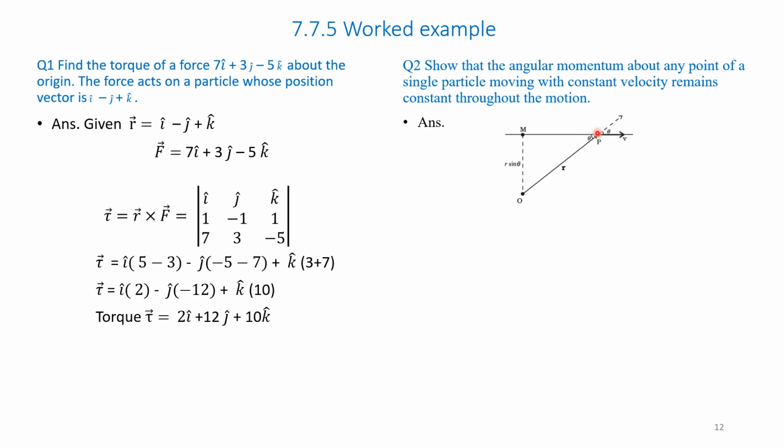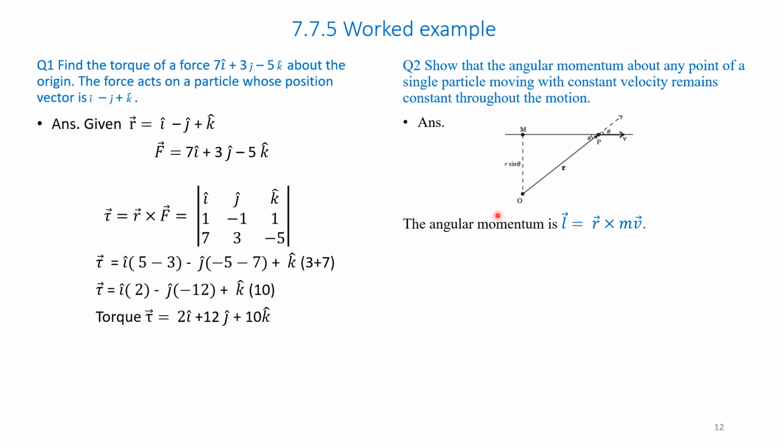We have to calculate the angular momentum of this particle P about an arbitrary point O. So the position vector is OP, velocity is v along x-axis, and the perpendicular from O to the direction of v is OM, and the angle between v and r is theta.